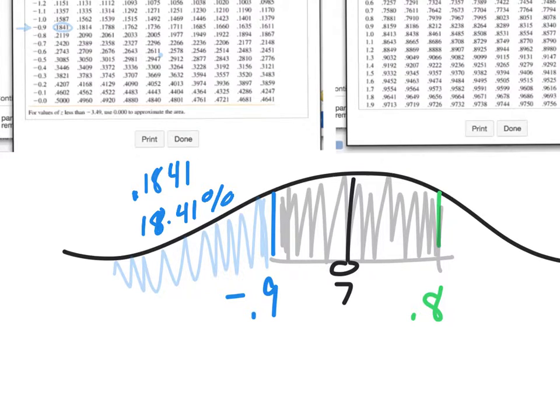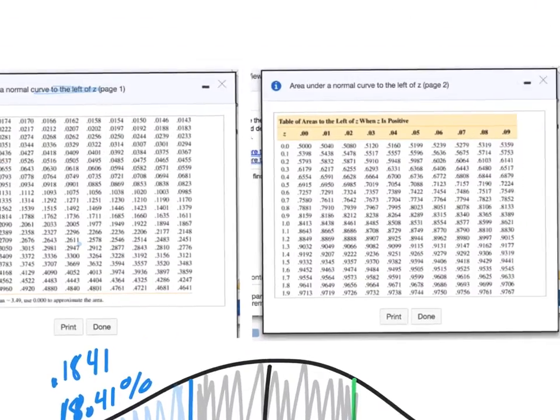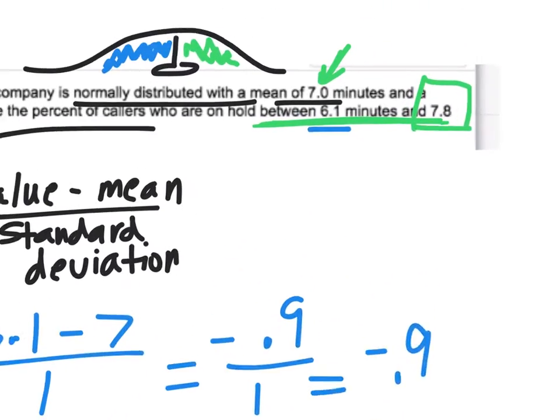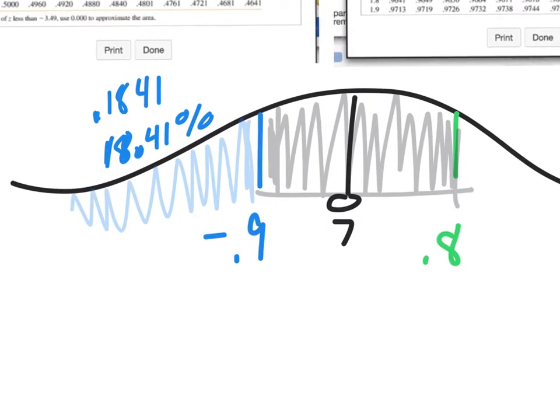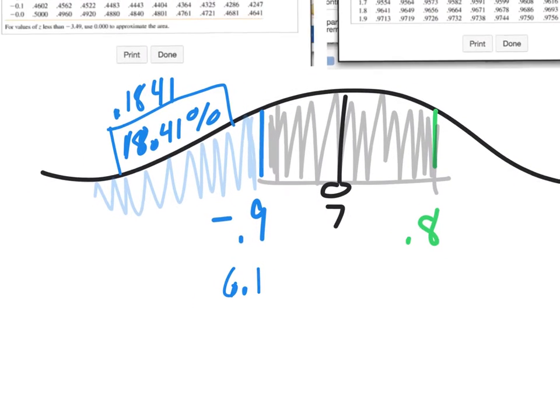So 18.41% of the hold times were even smaller than the one associated with this z-score, which was originally what? 6.1 minutes. That means that 18.41% of people that call in, their wait time was even less than the 6.1 minutes that negative z-score represents.